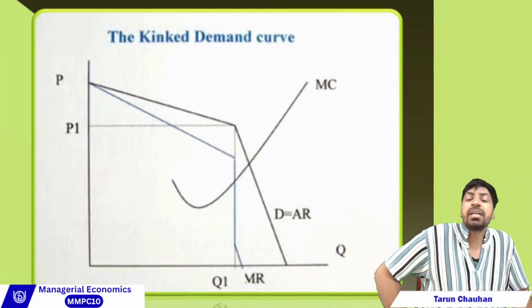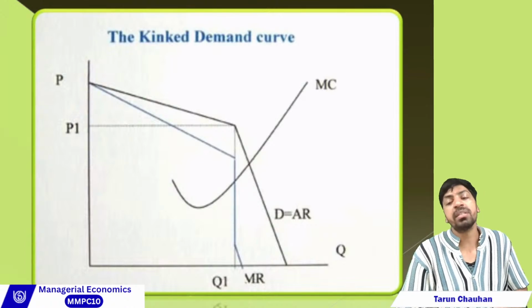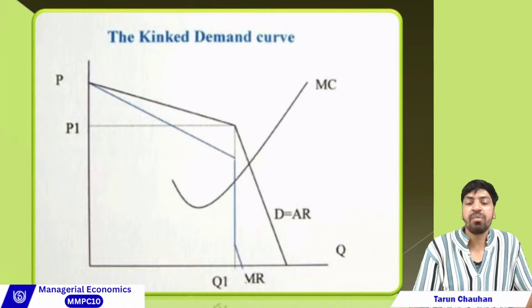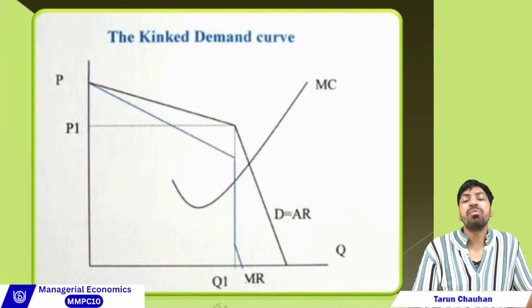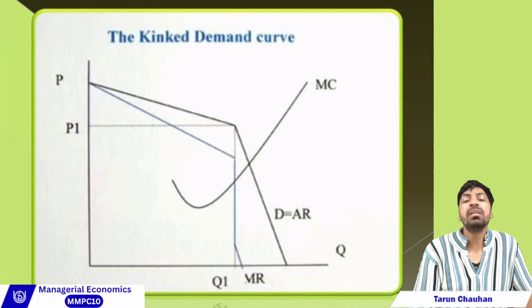As a result, the equilibrium point is where demand is equal to average revenue, as the marginal revenue is derived from the average revenue with respect to demand.